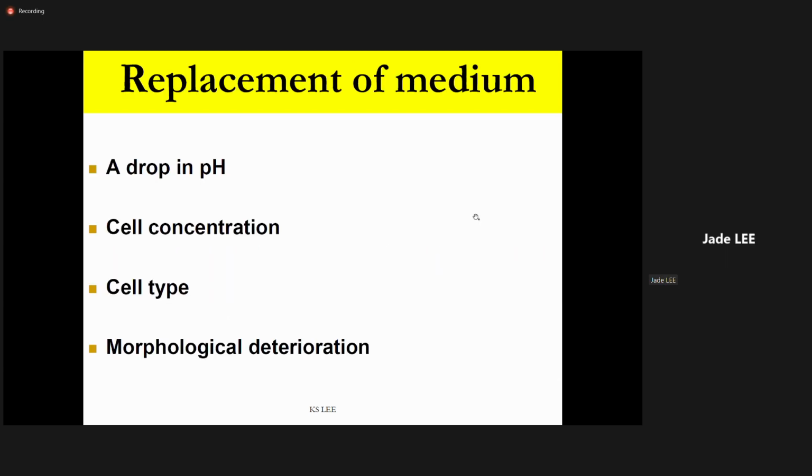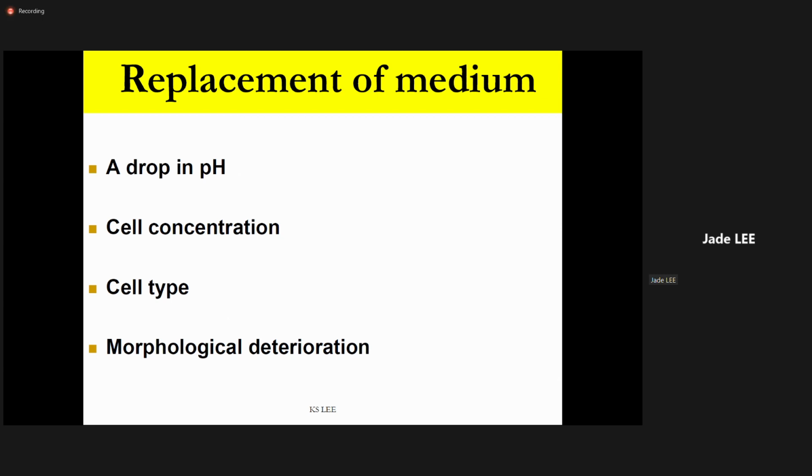It's very straightforward actually. So, how do we know we need to replace the medium? Sometimes you have no idea when you need to replace the medium. First, you look at the drop in the pH. Usually the drop in pH shows as a color change, because the phenol red is a pinkish color.